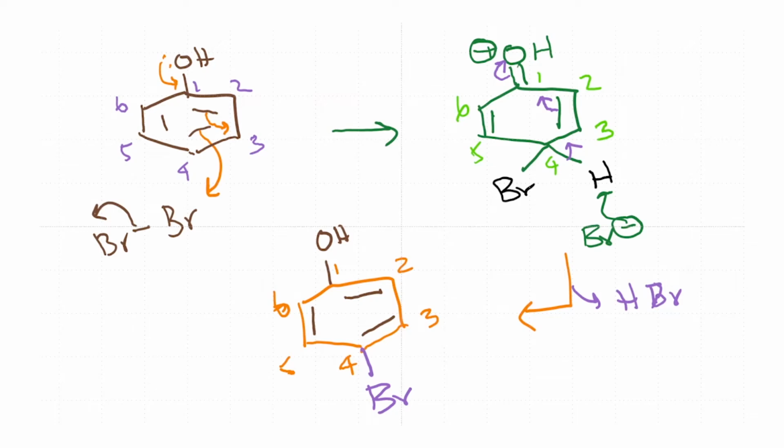Okay, now to understand the tri-substituted reaction, let me just redraw bromophenol, OH and Br, and so you have an electron withdrawing group by induction and electron donating group by resonance. We'll look at this in a little bit more detail.